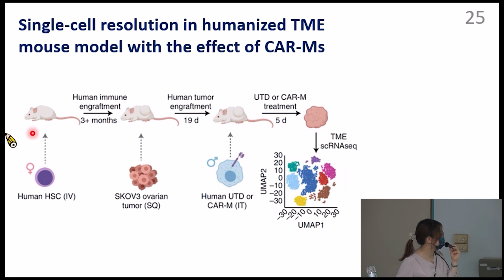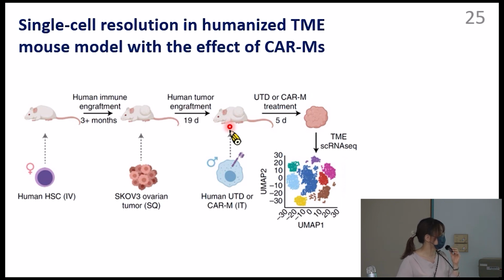So first, this is also a kind of SCID mice. They don't have a mature immune system, and they transfer human hematopoietic stem cell into these mice and let the hematopoietic stem cell develop to several kinds of immune cell in the mice. And then they subcutaneously inject the ovarian tumor in these mice and let the tumor grow for several days.